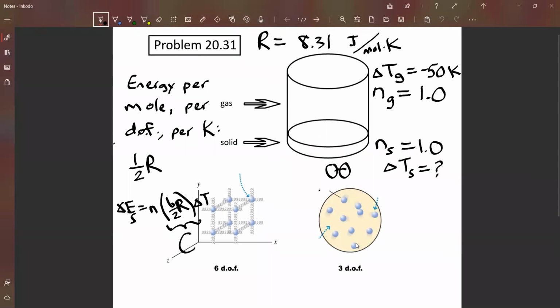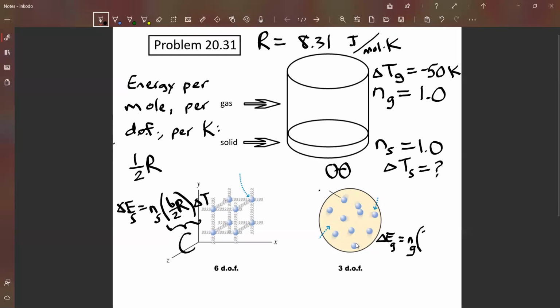Okay, now for the gas, we'll say that the change in energy of the gas is the number of moles of the gas, and I really should have that S for solid here, times, for each 1 Kelvin change in temperature and for each mole, there's 1/2 R change in units of energy per degree of freedom, but we've got 3 degrees of freedom.